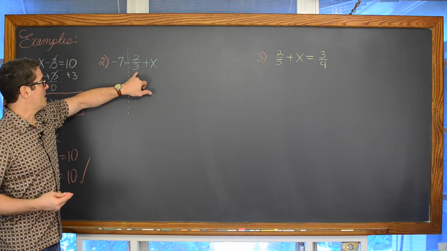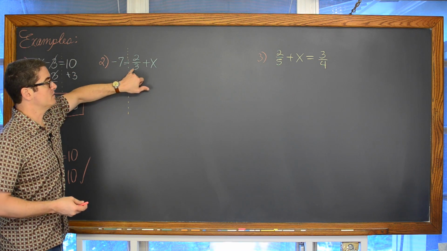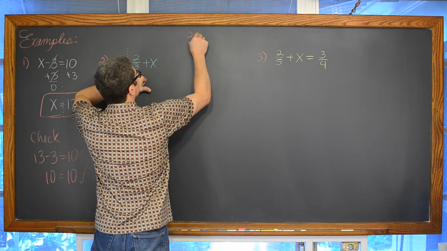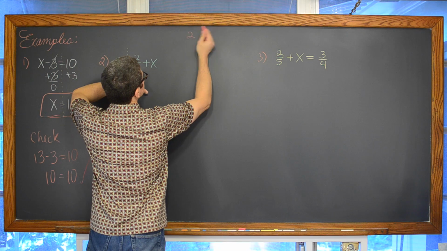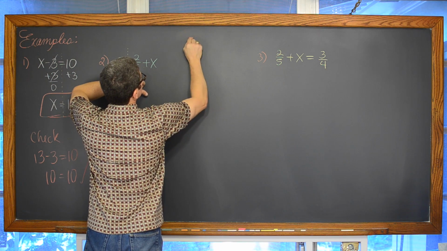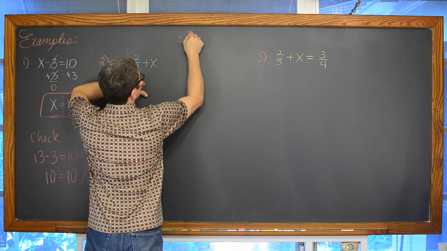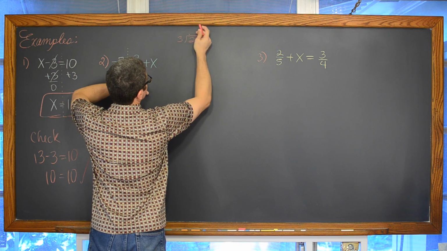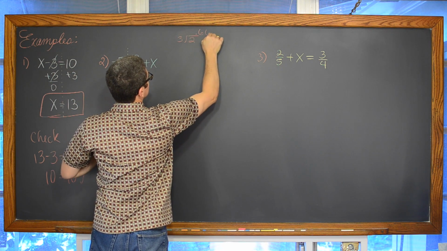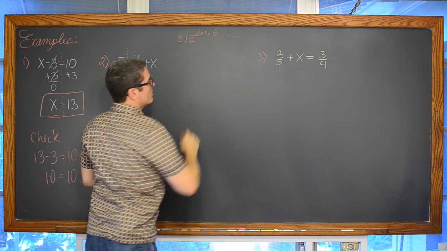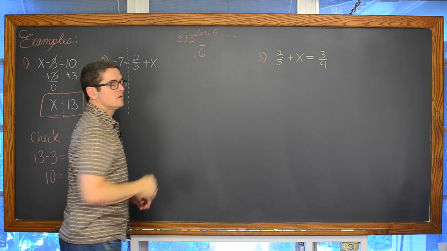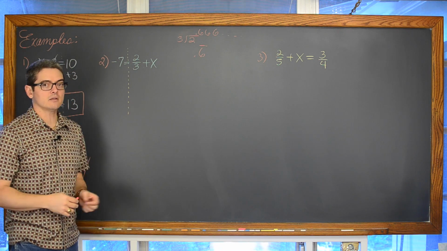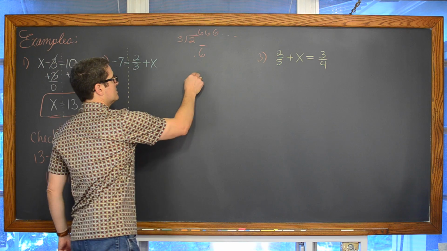If you do grab your calculator, 2 divided by 3 comes out to be 0.6 repeating. Some students will grab that on their calculator and write 0.67.